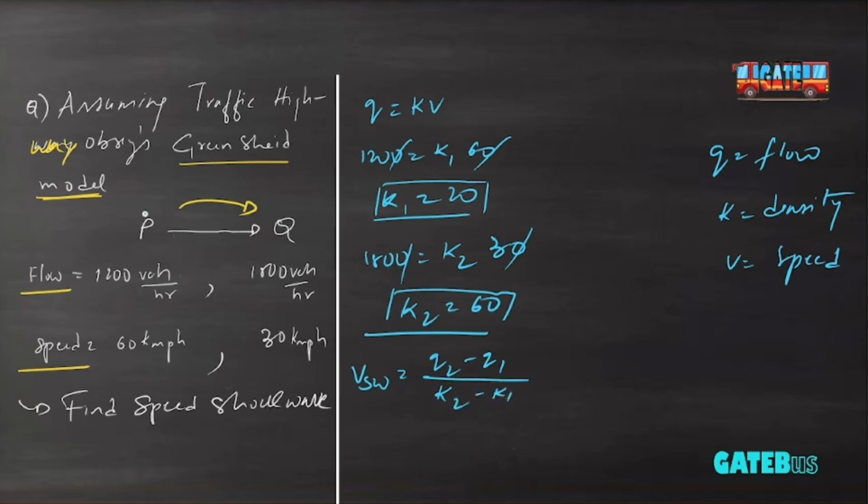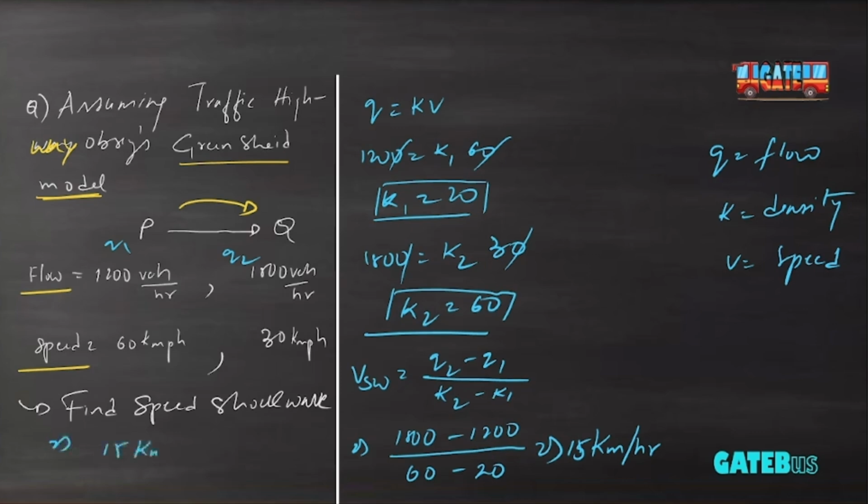So this will be our Q1, Q2, and we have K1, K2. Now putting in all the values, that is 1800 minus 1200 by 60 minus 20, we are getting 15 km per hour. So our answer will be 50 km per hour.